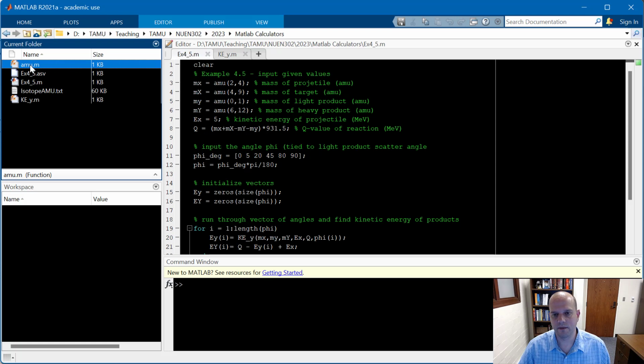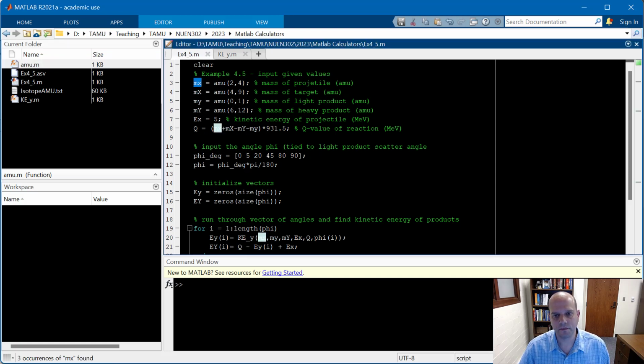My AMU function is going to then just output the mass in AMU. So there's the mass of my projectile, the mass of my target, beryllium 9, so that's 4 and 9. The light product is going to be 0 and 1, that's a neutron. The mass of the heavy product is going to be 6 and 12, that's my carbon 12.